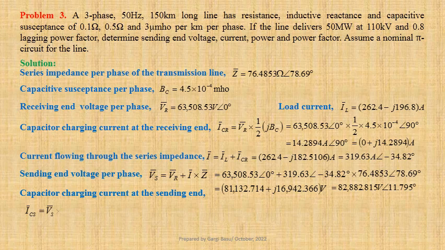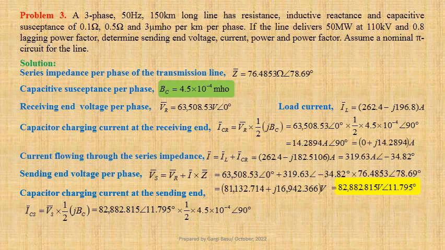Now we shall calculate capacitor charging current at the sending end. ICS equals Vs into half of J times BC. Using values we get 82,882.815 at an angle 11.795 degree into half of 4.5 into 10 to the power minus 4 at an angle 90 degree.